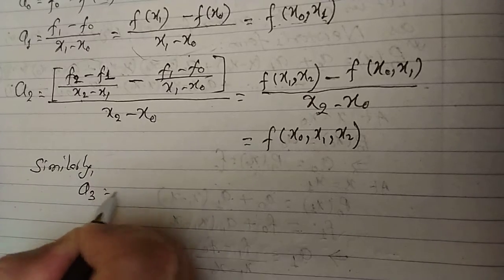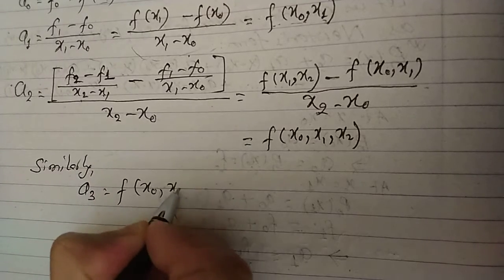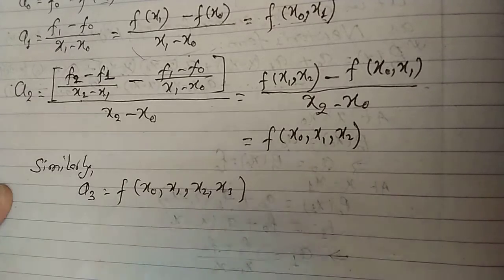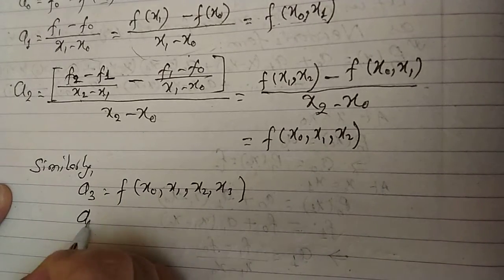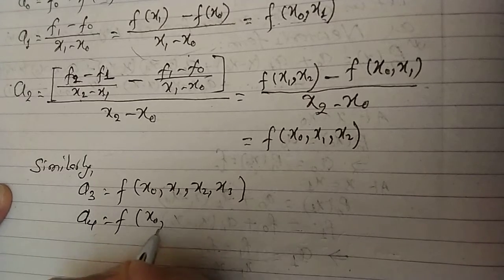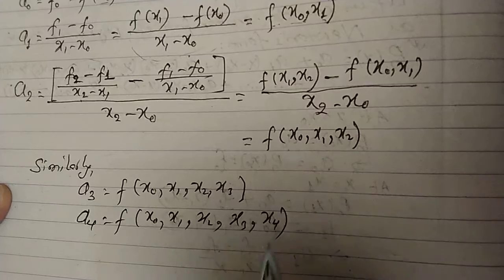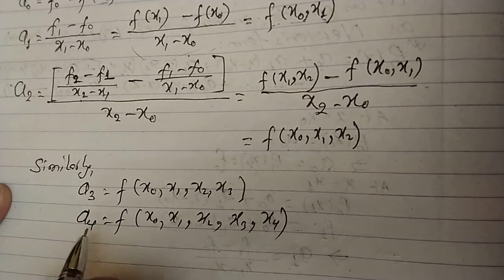Similarly, we'll write a3 as function of what? x0 comma x1 comma x2 comma x3 हो. Also we'll write a4 as function of x0 comma x1 comma x2 comma x3 comma x4 and so on.